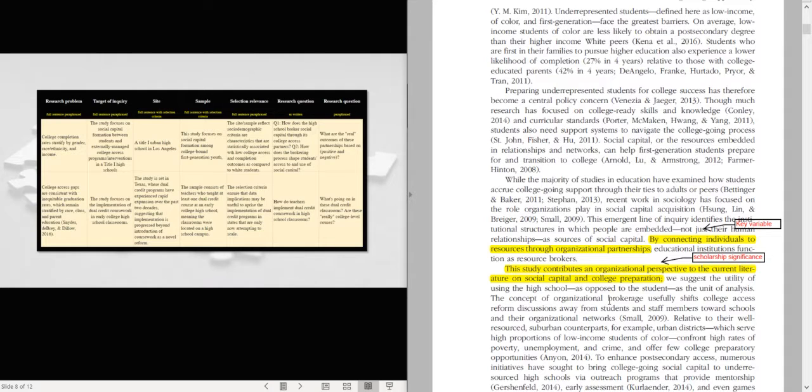I'm not sure I understand that sentence, and I wrote it. So I have to really be clear and truthful with myself about what I am doing and what I am reviewing. What is an organizational perspective? What is social capital? What is college preparation?